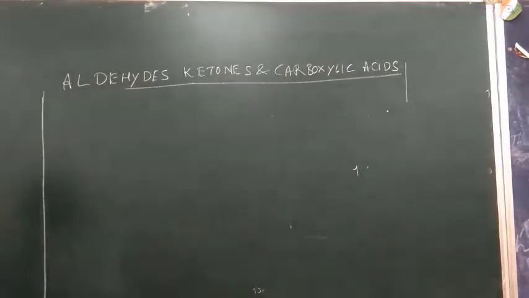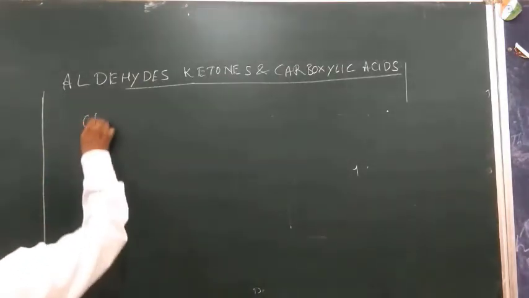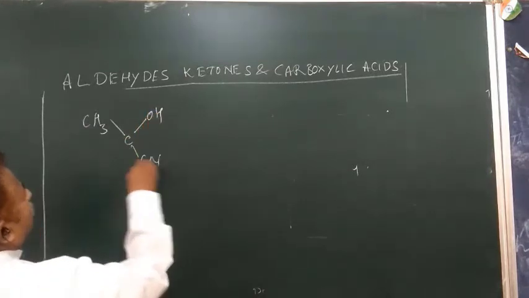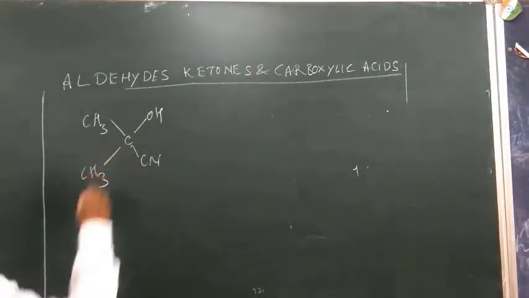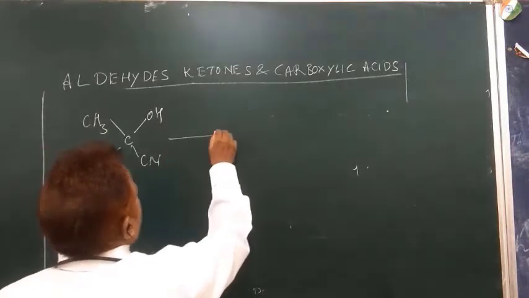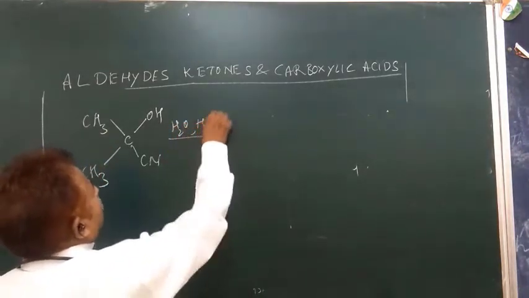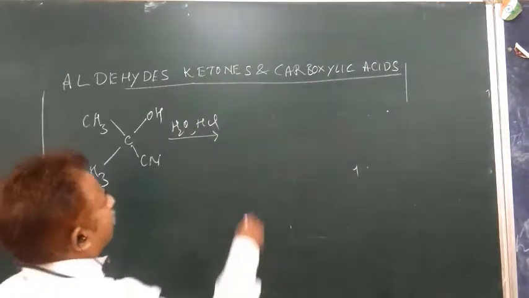Here, let us say acetone cyanohydrin, CH3C(OH)(CN)CH3, with H2O and HCl. Therefore, what do we get?